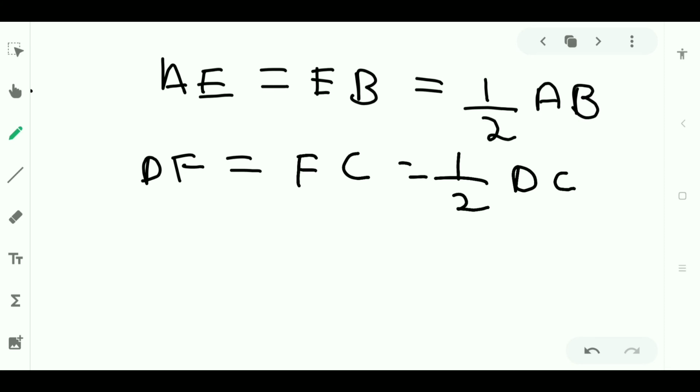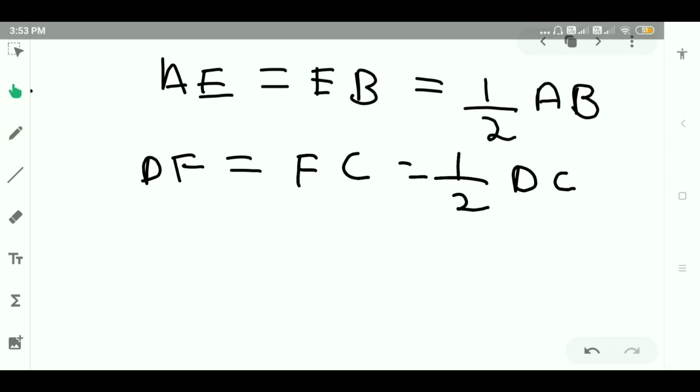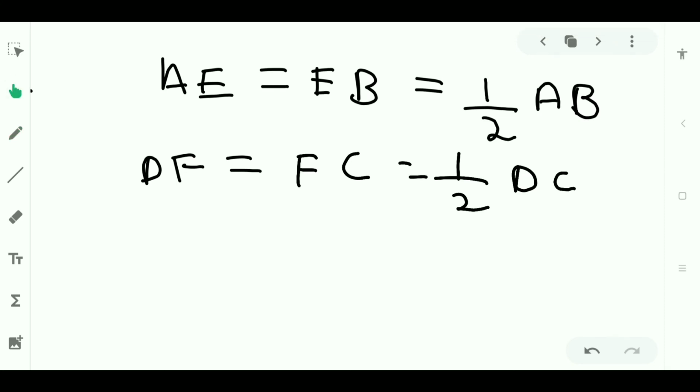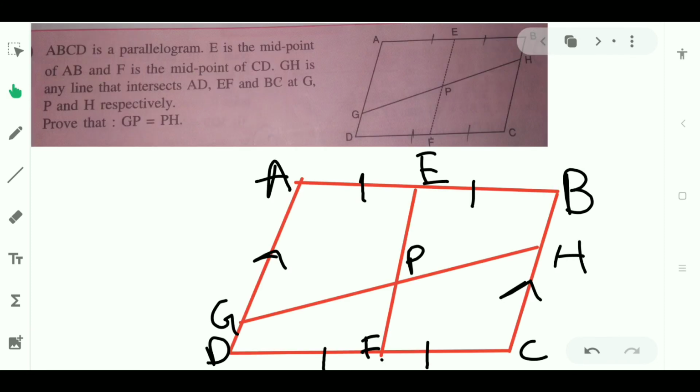So now we can say half of AB is equal to half of DC, because you know in a parallelogram opposite sides will be equal. As opposite sides are equal, AB is equal to DC, so AE also will be equal to DF, and EB is equal to FC.